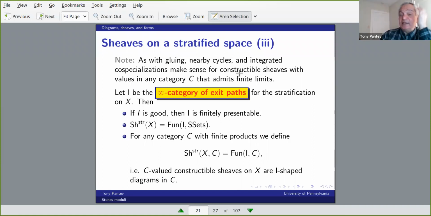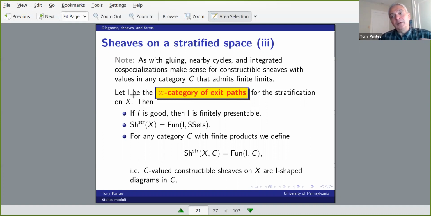So it makes sense for sheaves with values in any category that admits finite limits. For this, you just need to take the correct combinatorial picture, and the correct combinatorial picture is that your diagrams are going to be labeled by the category of exit paths for the stratification.